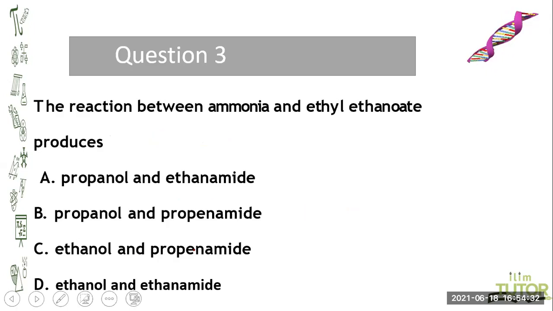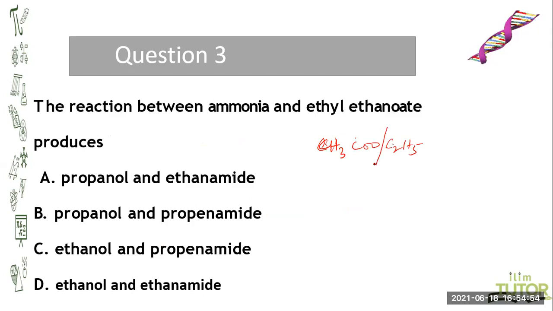The reaction between ammonia and ethyl ethanoate produces, okay, so let's look at ethyl ethanoate. Ethyl ethanoate can be hydrolyzed. Ethanoate is CH3COO, and then ethyl will be C2H5. We can hydrolyze this. I've told you that earlier. If I'm going to break this, I know that it is formed from ethanol and ethanoic acid.